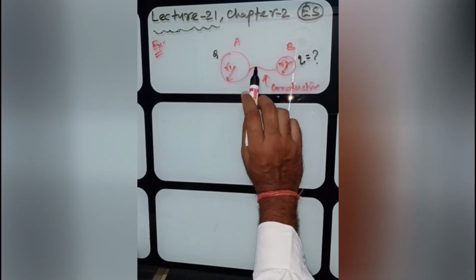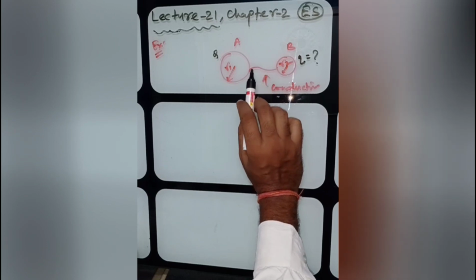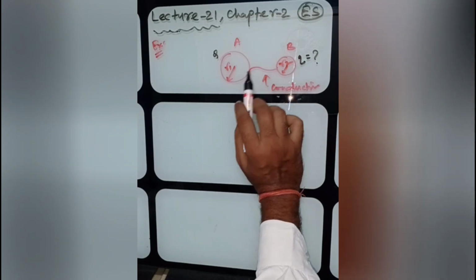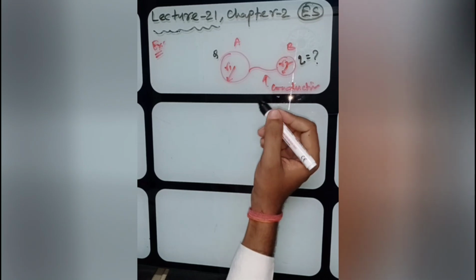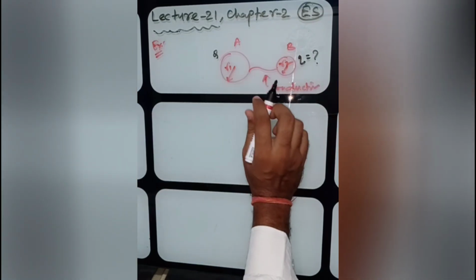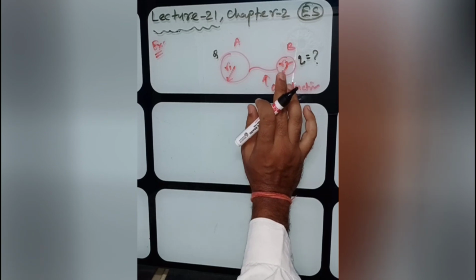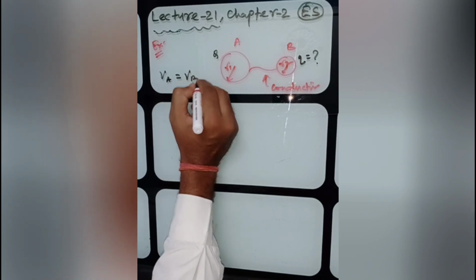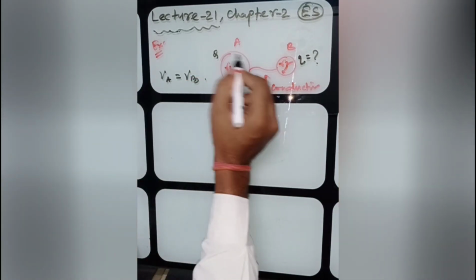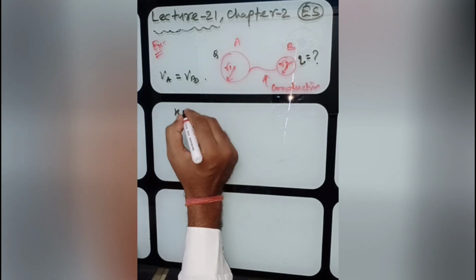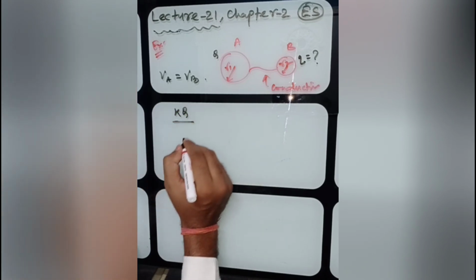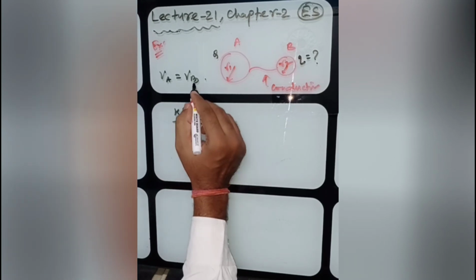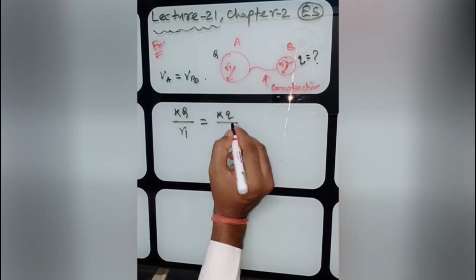As soon as you connect the shell with the conductor, what will happen? As you connect the conductor with the shell, charge will flow instantly, but at that instant the potential becomes equal. The potential will be equal and VA will be equal to VB. Now what is the potential of this shell? It is KQ by R1, and VB, the potential of this one, is Kq by R2.